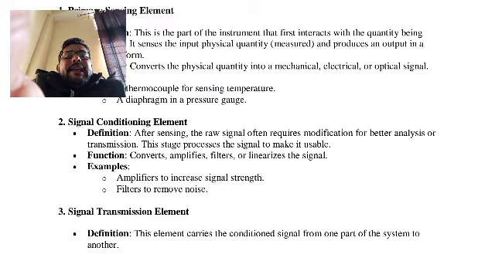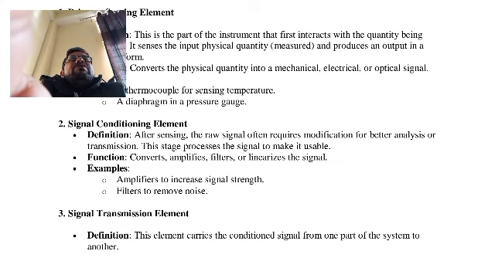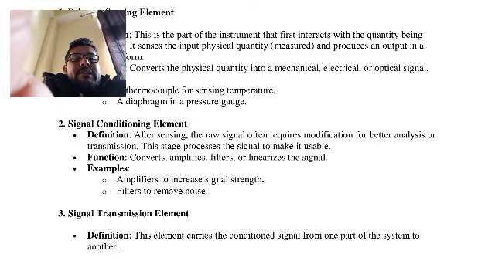Second, the signal conditioning element. The signals we have got have a very small range and we want to transfer them from one place to another, so we use signal conditioning. After sensing, the raw signal often requires modification for better analysis and transmission.